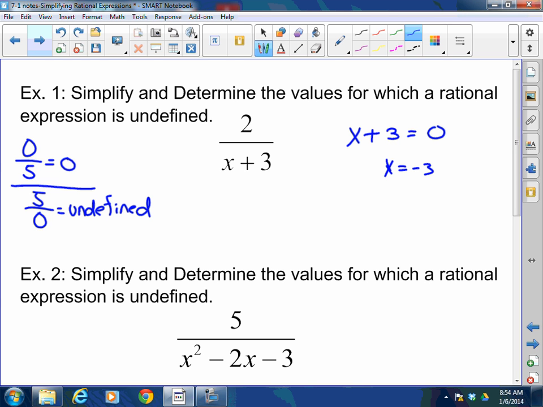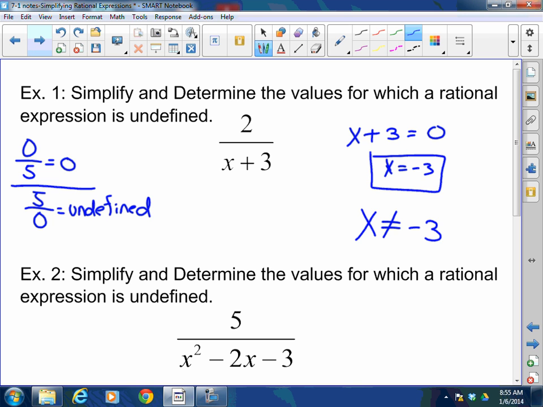So in this case, simplify and determine. Well, it's already simplified. Determine the values for which the rational expression is undefined. When x equals -3, it's undefined, right? So what do we say? x cannot equal -3. Because when x is -3, I have a 0 in the denominator. When I have a 0 in the denominator, that means my expression here is undefined.